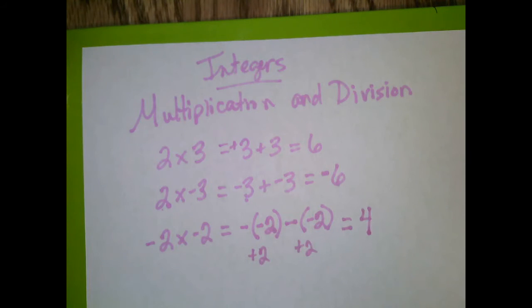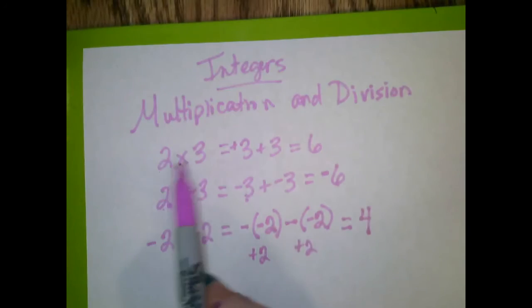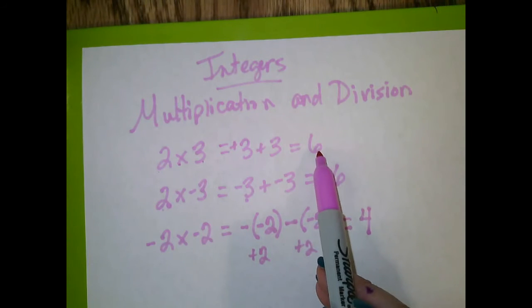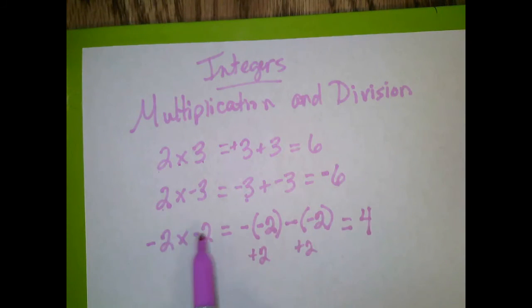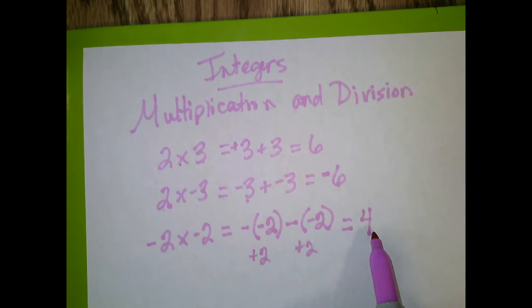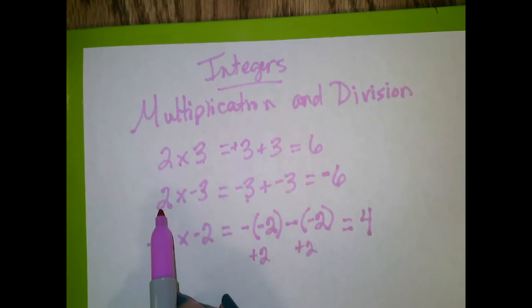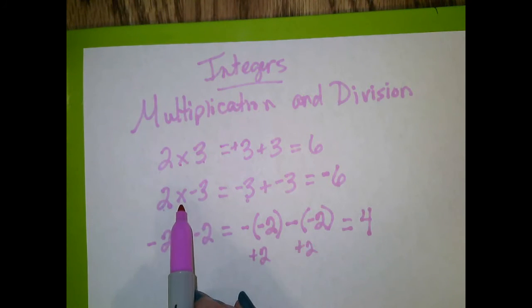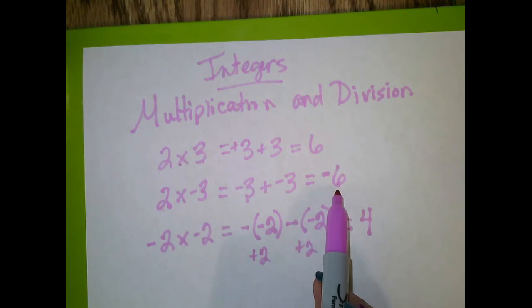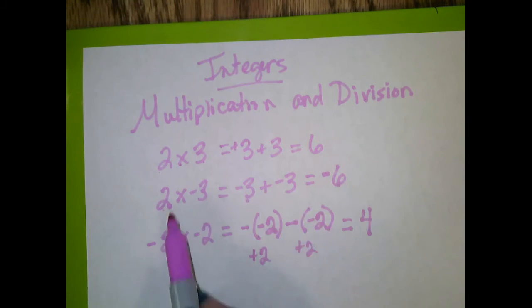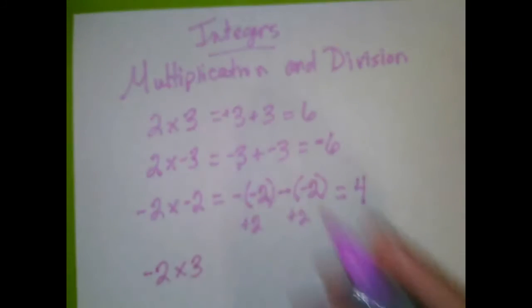Okay. The big takeaway from this, if you notice, is that if you're multiplying and the signs are the same, your answer is positive. If you're multiplying and the signs are different, the answer is negative. Y'all see it? What if the first number was negative and the second number was positive?